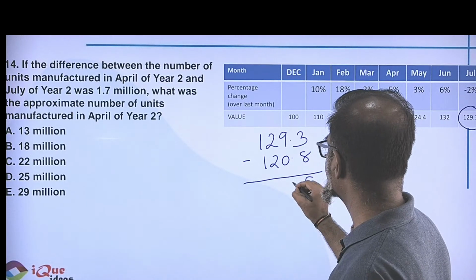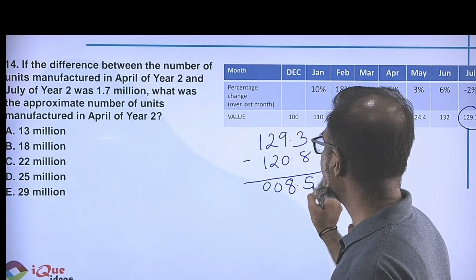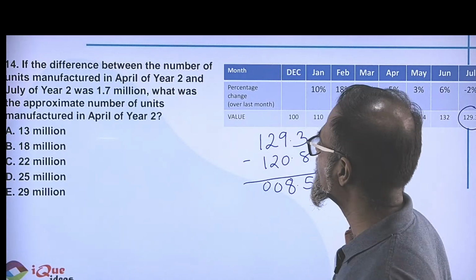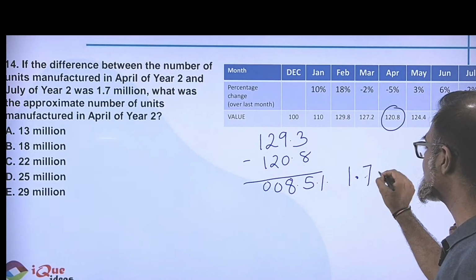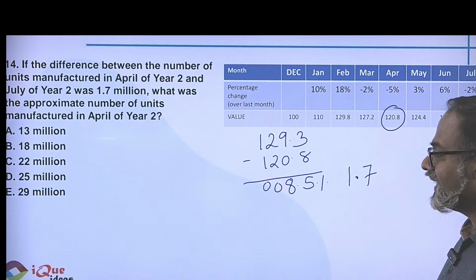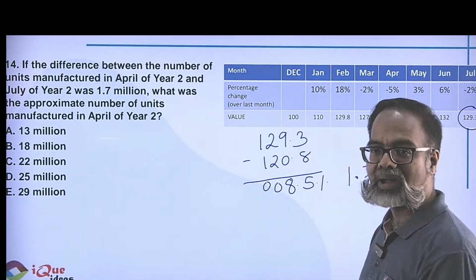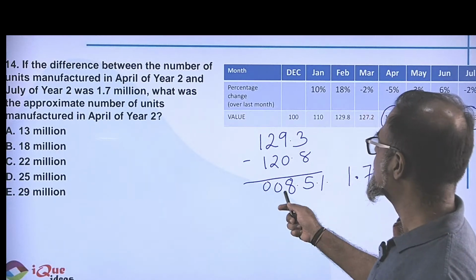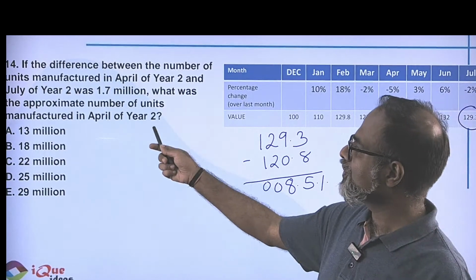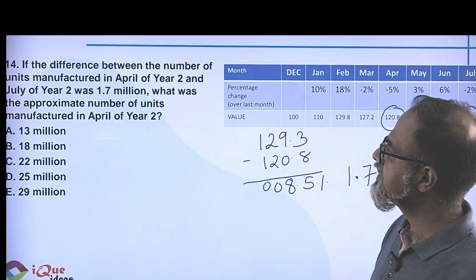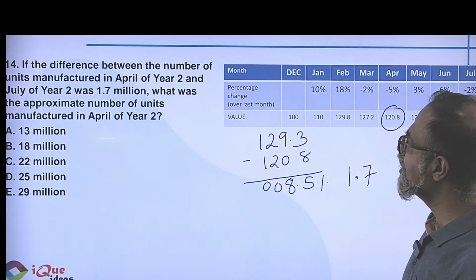So 8.5. So if 8.5% was 1.7 million, brilliant. Why brilliant? Because 85 twos are 170, 8.5 twos are 17. So actually my working is correct.